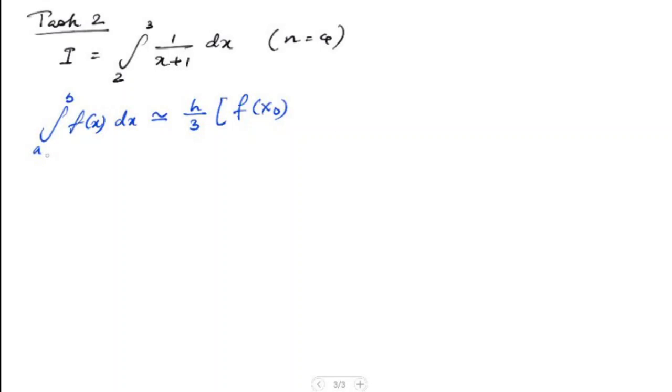You can say that we are replacing here the a with x0 and the b with xn.